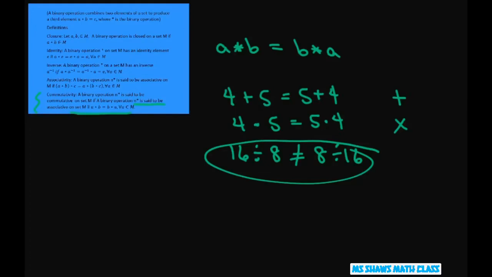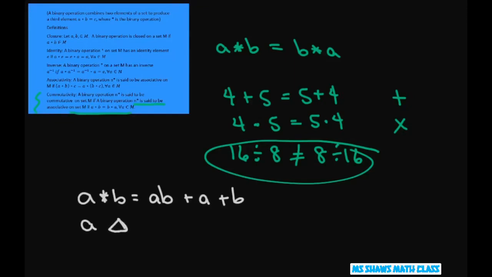All right, and binary operations are often defined by an expression like this. So if you have, they'll do something like A star B equals AB plus A plus B, or they'll make a whole different symbol.